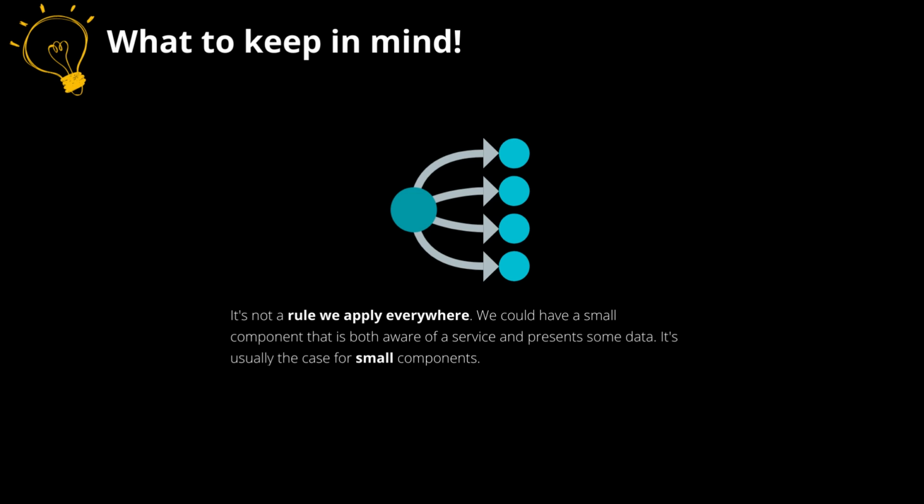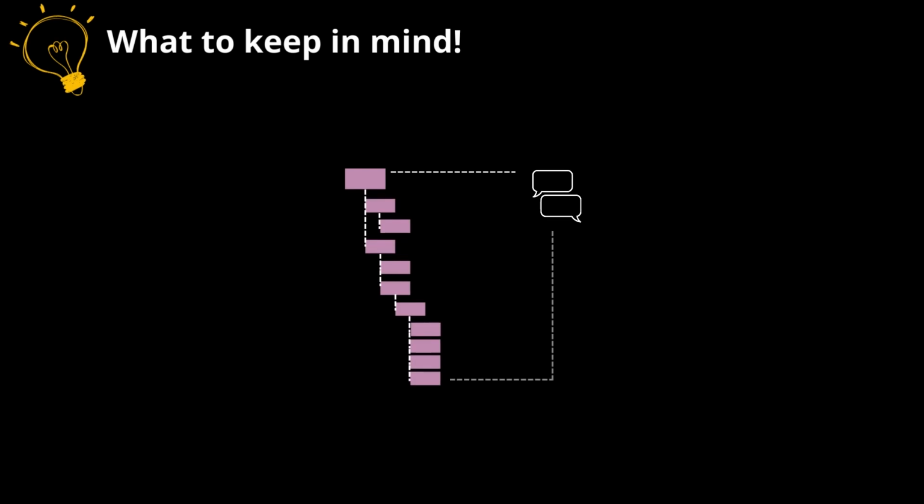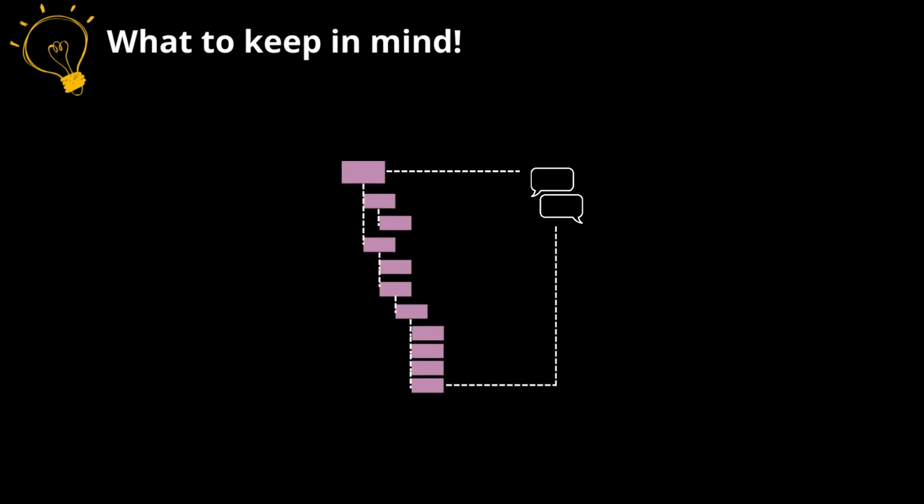We could have a small component that is both aware of a service and presents some data. It's usually the case for small, really small components. In real life, you can have a deep tree of components. Passing data each time through the input decorator is not pertinent and efficient here.